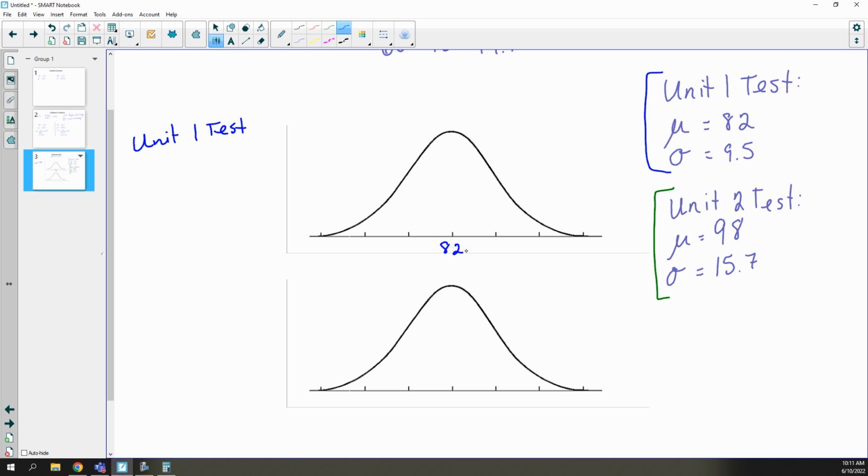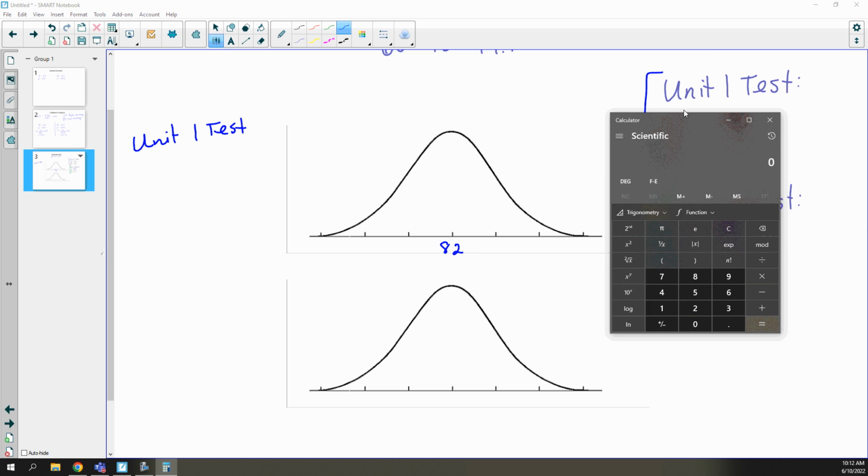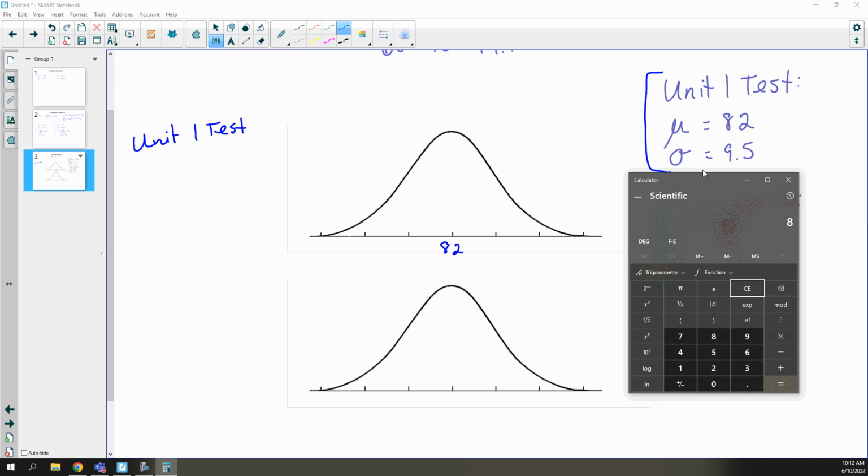Now, for a standard deviation, to go one above, I would add that 9.5 to my 82, or to go one below, I would subtract it. So how do you calculate those values? Start with your 82, and let's find the above values first.